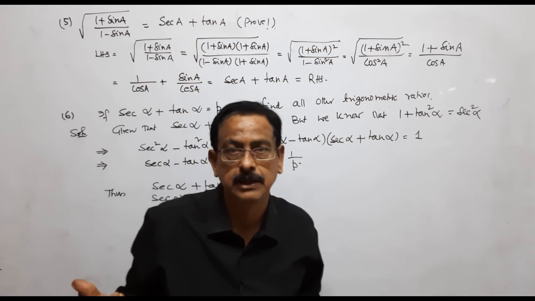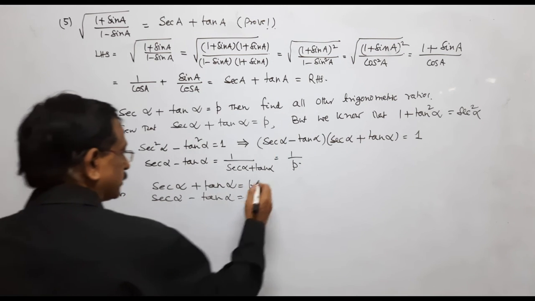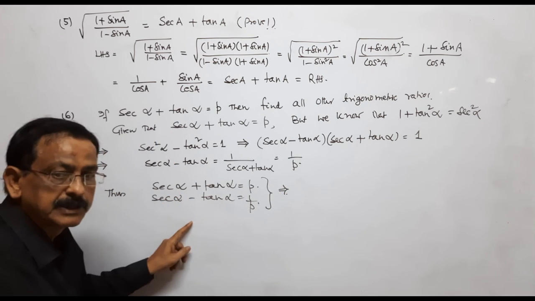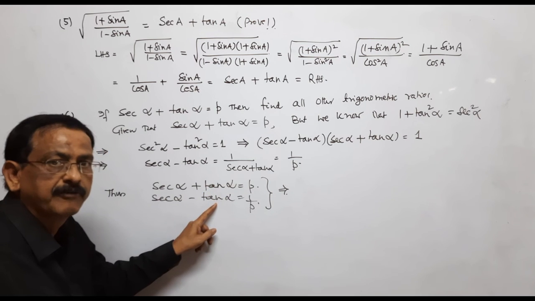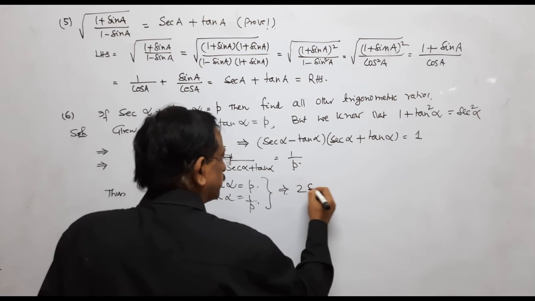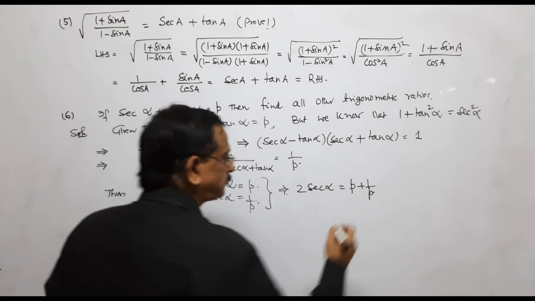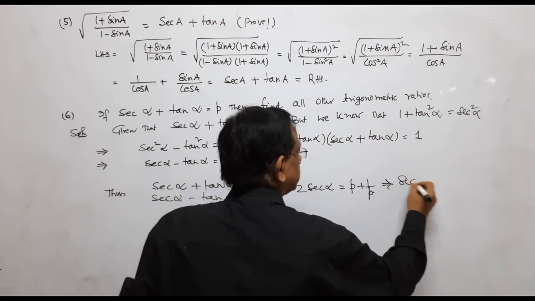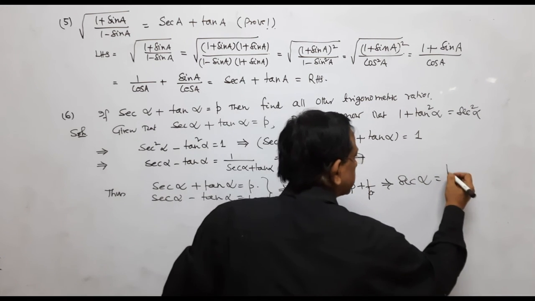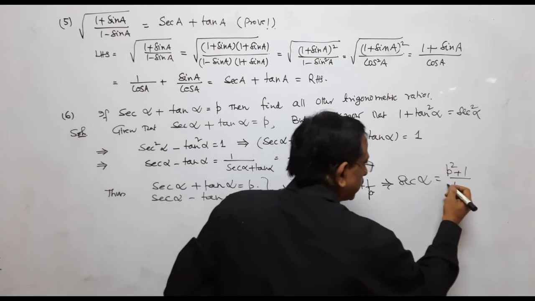Now we have a set of equations, two equations. I can solve for secant and tan. So together, what I have to do is add. If I add, tan alpha and minus tan alpha will go out. I will have secant alpha plus secant alpha, which is 2 secant alpha, equal to P plus 1 by P. So this implies secant alpha is (P plus 1 by P) by 2, that is (P square plus 1) by 2P.